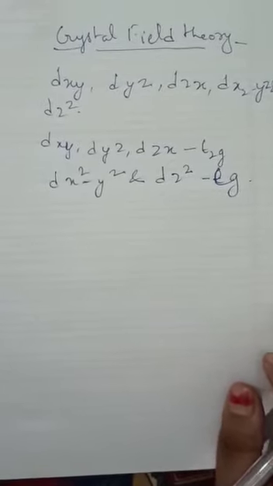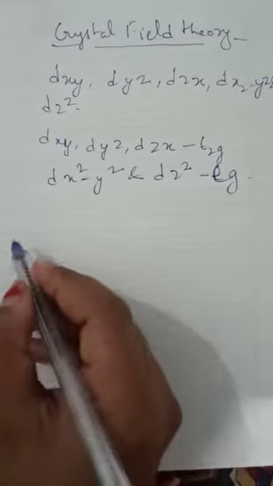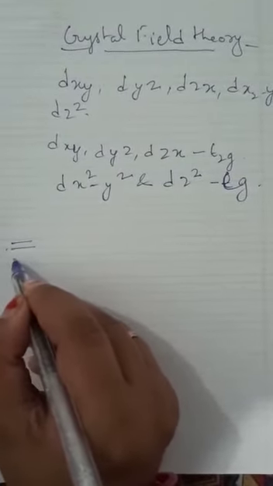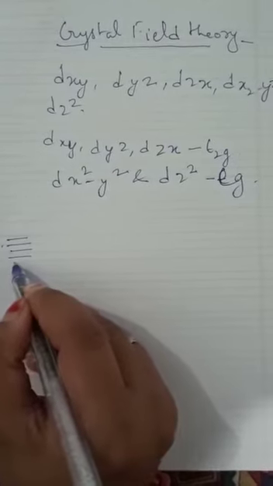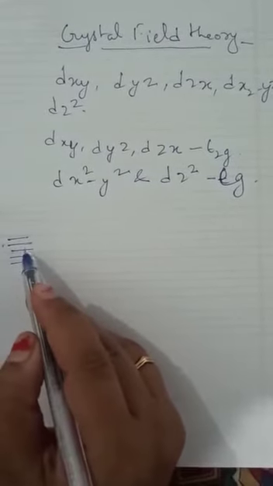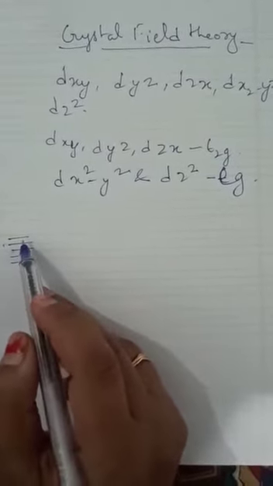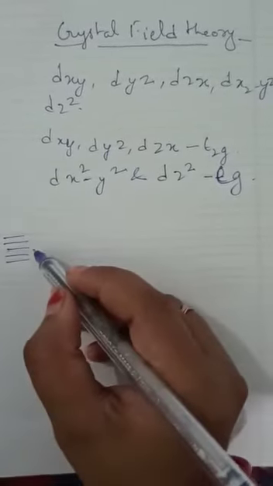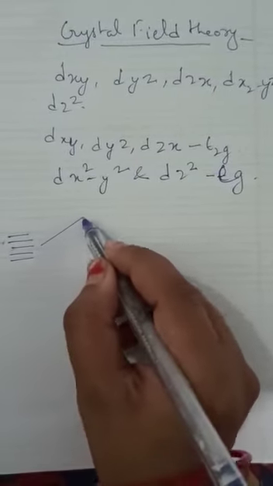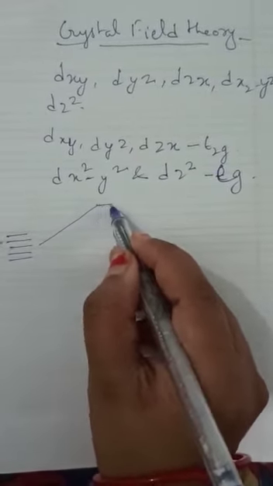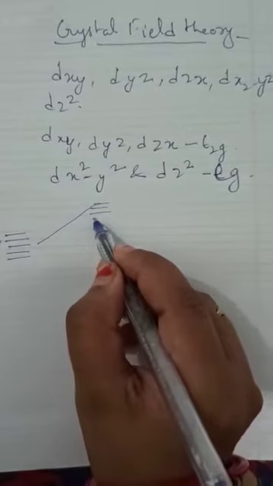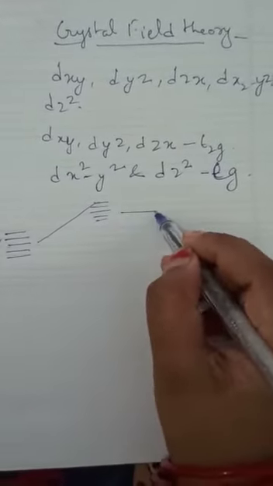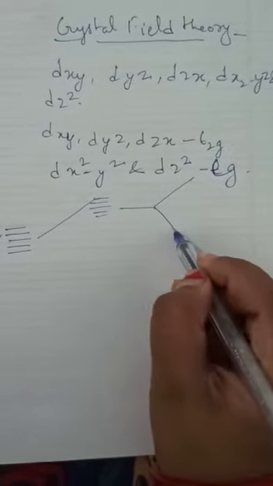We can understand this through a diagram also. For example, let's take the 5 orbitals of the d block, 1 2 3 4 5. After gaining energy, they move to a higher level due to repulsion, and they get divided into two sets.